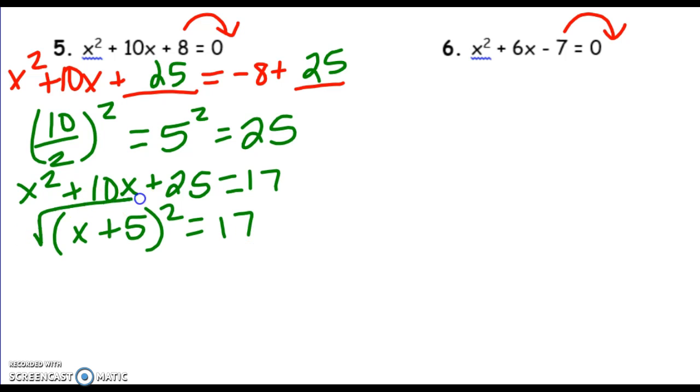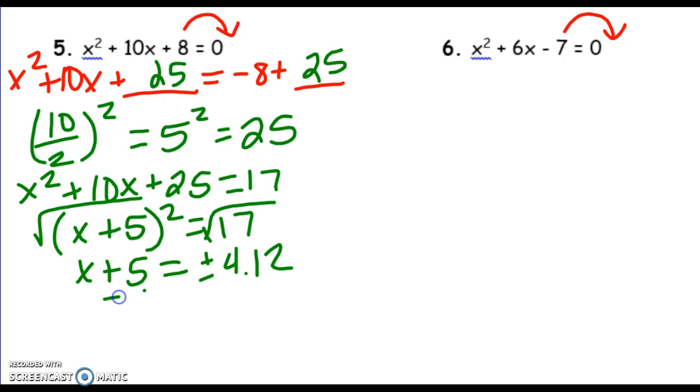And I can square root both sides. And this is where it gets a little tricky, because x plus 5 works, but the square root of 17 is going to be approximately positive or negative 4.12. So then I subtract 5, and I've got my two equations.